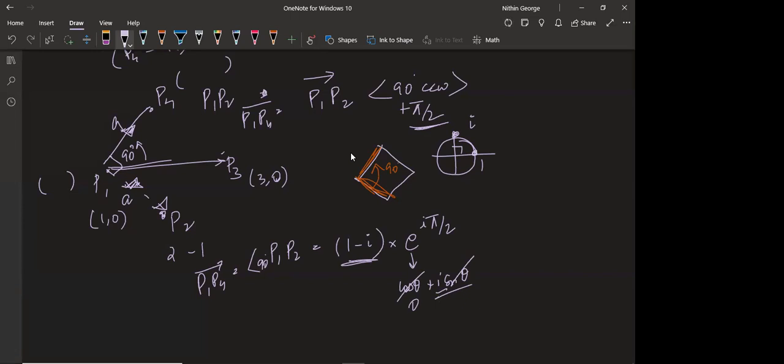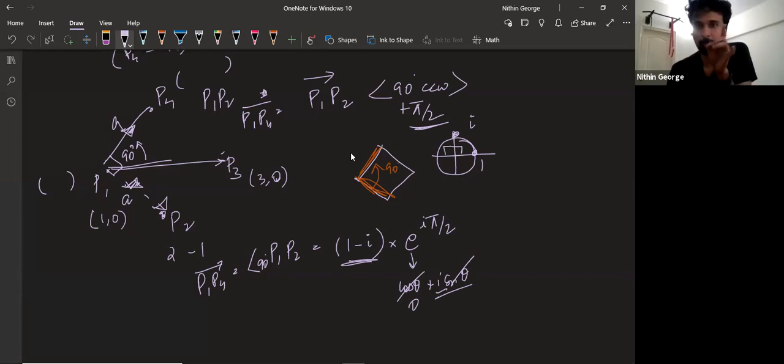When I say theta is pi, what happens? You're going here to the point minus 1 comma 0. When I say theta is minus pi by 2, you're looking at the point minus i. When I say minus pi also, you're reaching minus 1 again. Okay. But are you getting the idea of what's happening here, please? Is this somewhat clear to you?